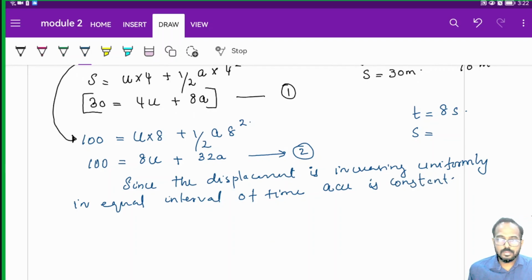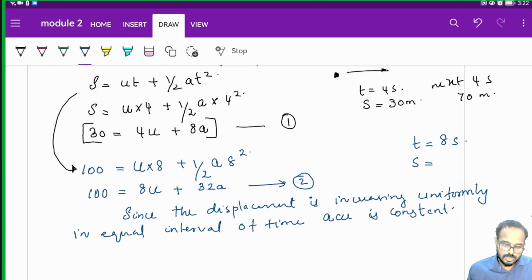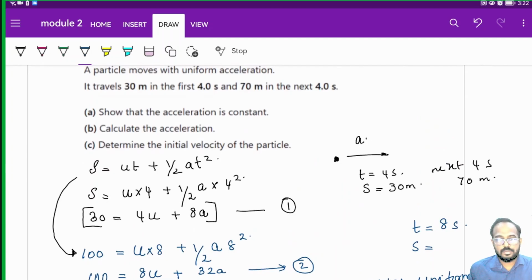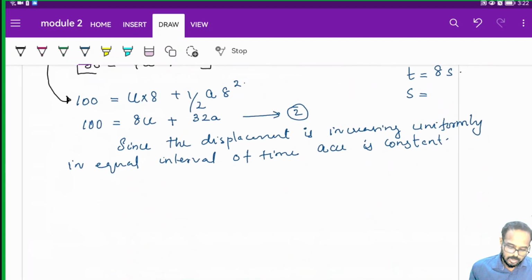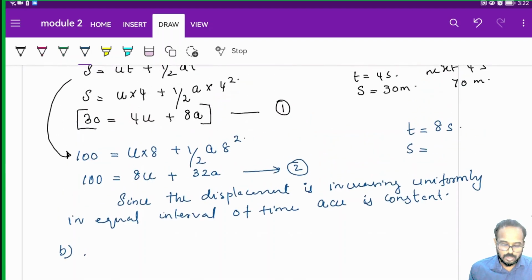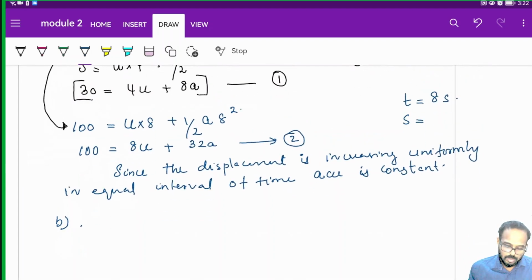Okay, so the first part is done. Second, calculate the acceleration. How can you calculate it? You can solve these two equations simultaneously.